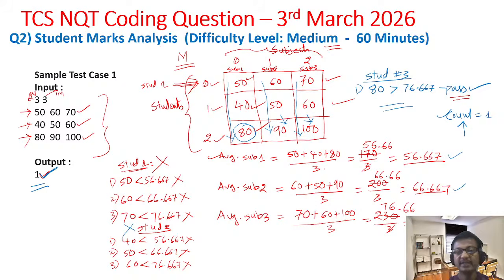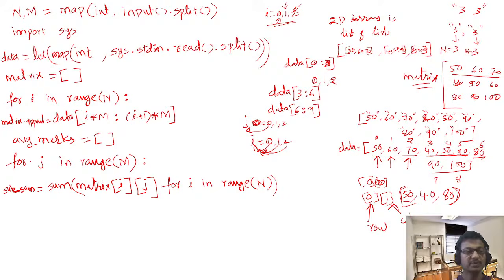By dividing with 3, which is nothing but the number of rows, you will get its average value, which afterwards you store in a variable called average marks. Once you get the sum, you calculate the subject average. For that we declared a variable called average marks.